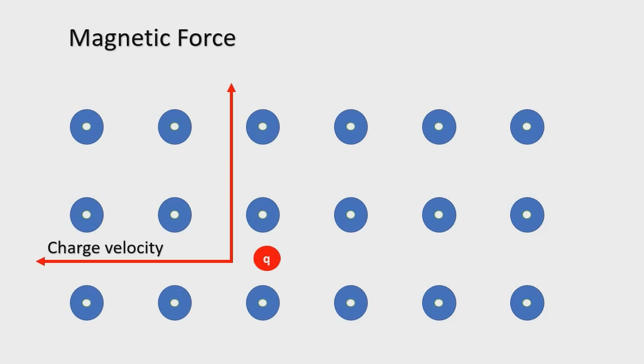The force on this charge will be perpendicular to the charge velocity, and at the same time perpendicular to the magnetic field line. So this is the representation of the three-dimensional perspective view between the magnetic field line, the direction of the velocity of the charge, and the force within three-dimensional space.